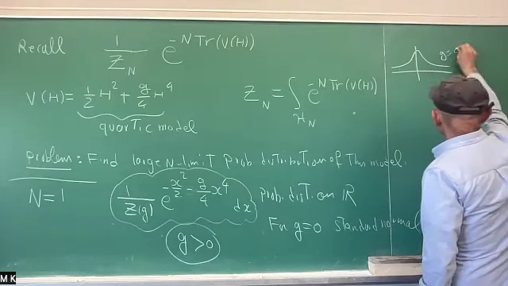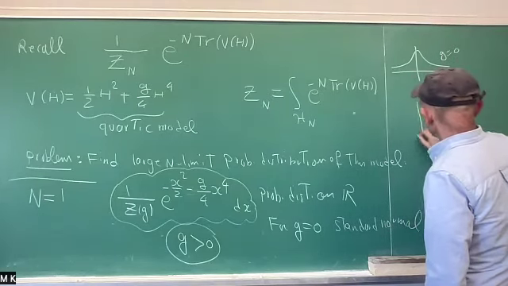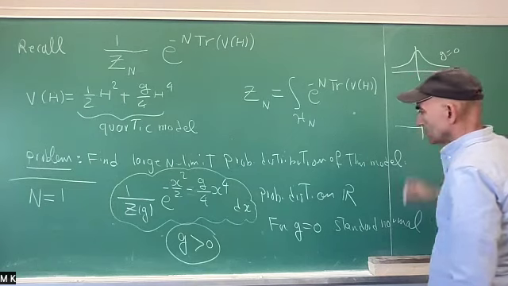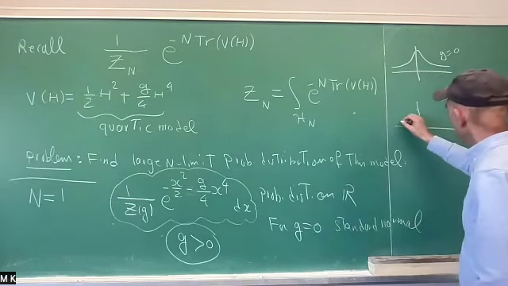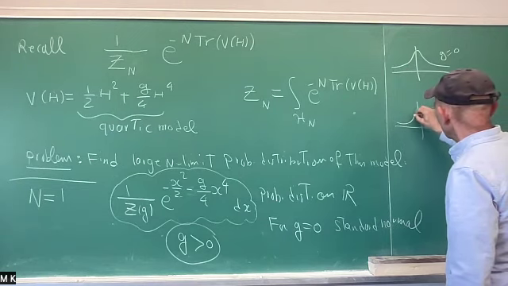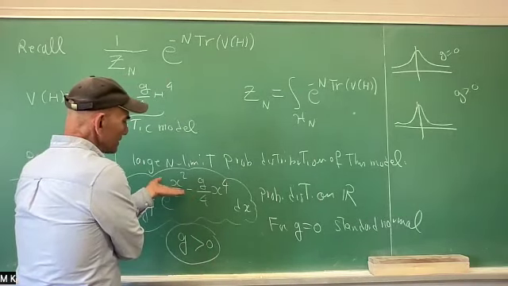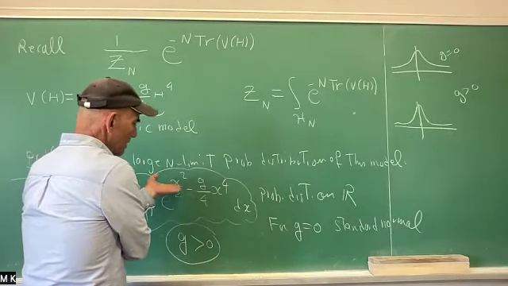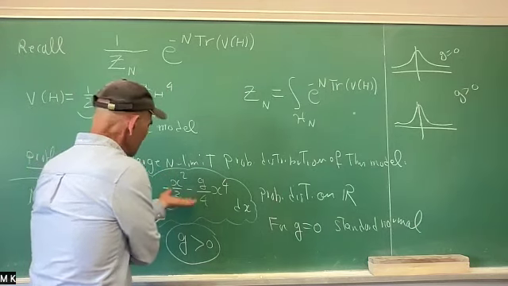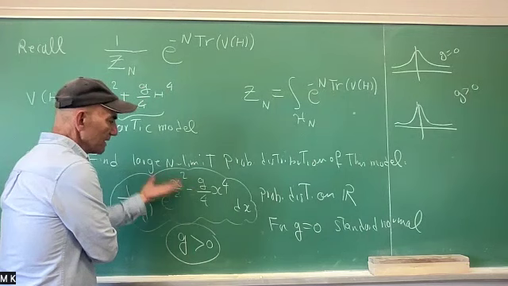Now for G positive, the mean is still 0, but how does it look? There's no problem with the distribution; this is the distribution.